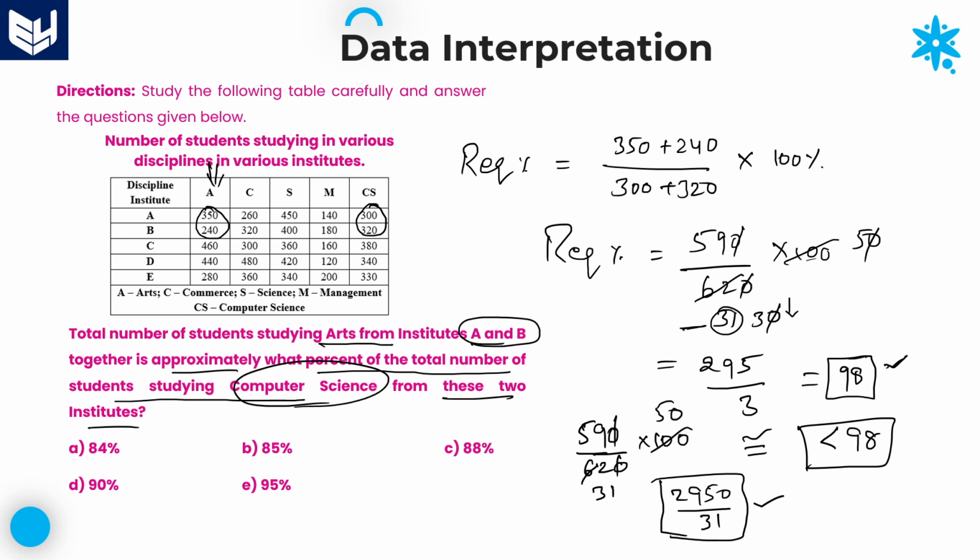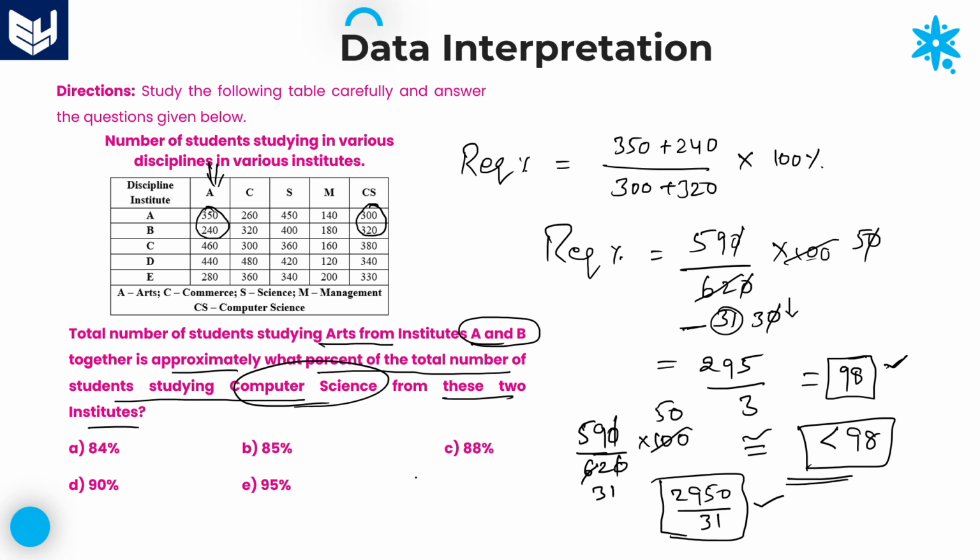But from an examination point of view, in any competitive examination, approximations are very important. That is the reason why in the denominator, in place of 31, I am taking 30. I am decreasing the denominator so that I get a result which is more than the actual result. This 98 is more than the actual result, therefore our required answer is less than 98 and somewhat close to 98.